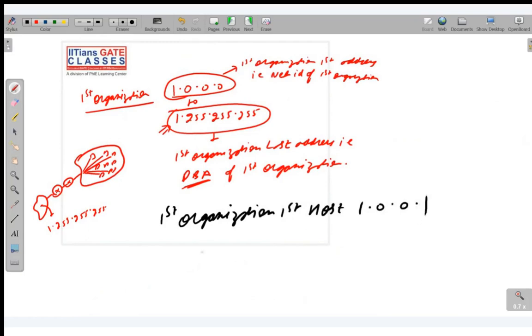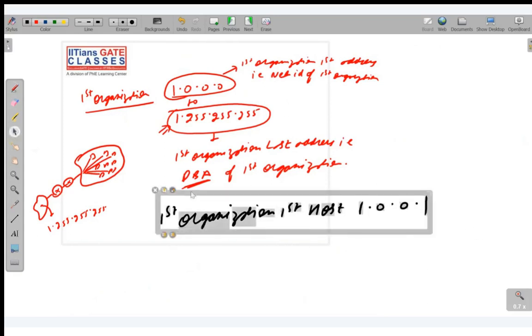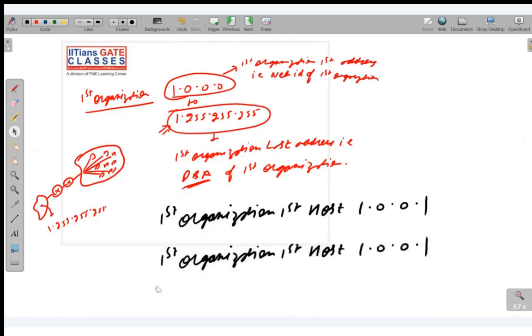First organization's last host, how will you calculate? 1 dot 255 dot 255 dot, if I place 255 it will be the DBA, so minus 1, 254. Please let me know if anybody is facing any difficulty.